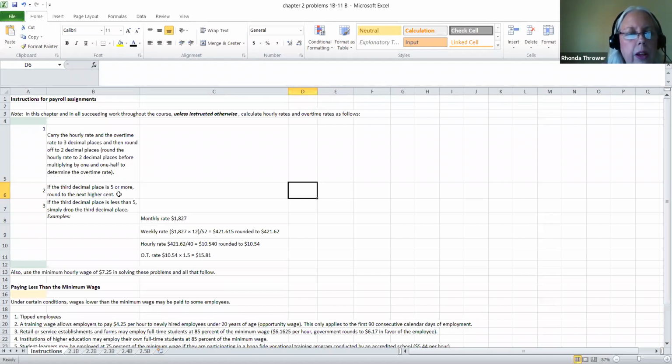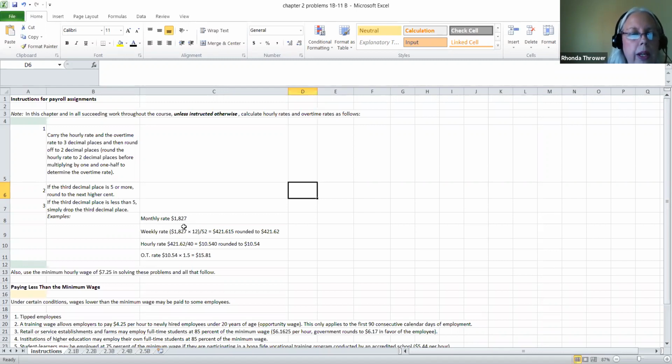If the third decimal place is 5 or more, you're going to round to the next higher cent. But if the third decimal place is less than 5, you're going to simply drop the third decimal place so that it has 2 decimal places. They've given you some examples here.